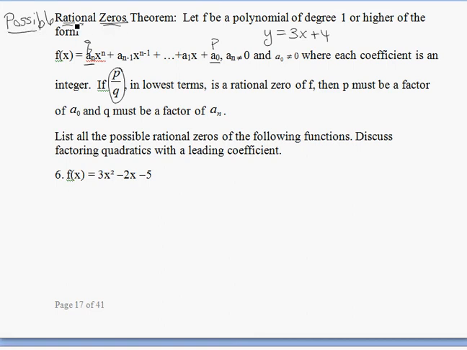What do I mean by rationals? Nice numbers. Rationals are going to be of the form 3 halves. You could have decimal equivalents, 1.5 and 0.3 repeating. Those are all considered rationals.